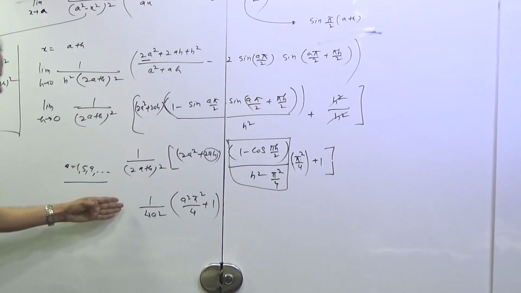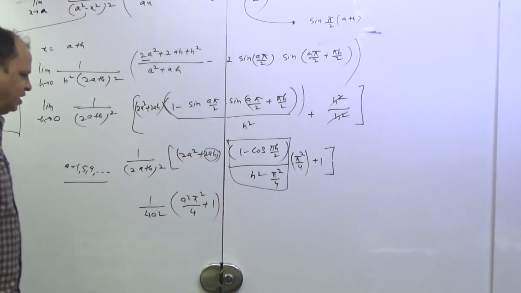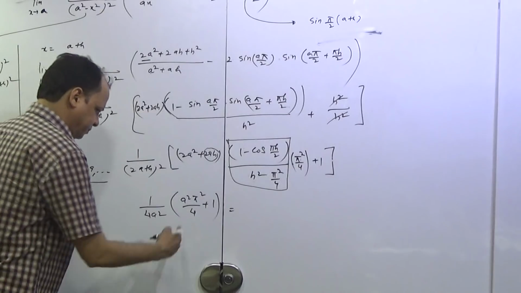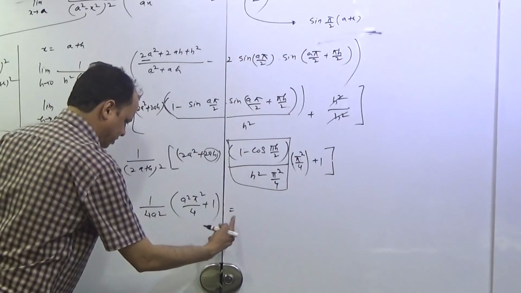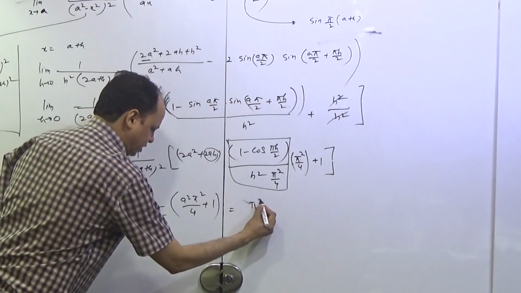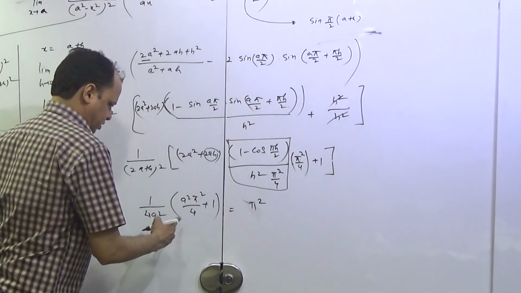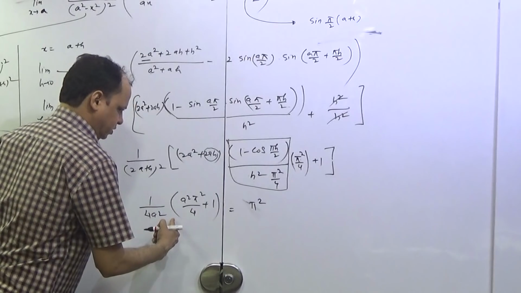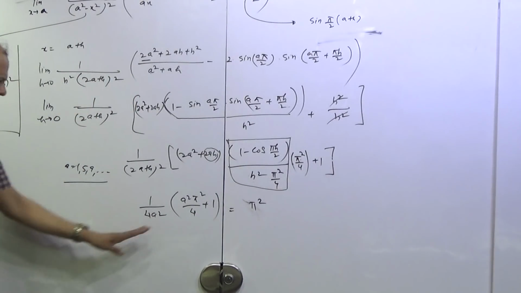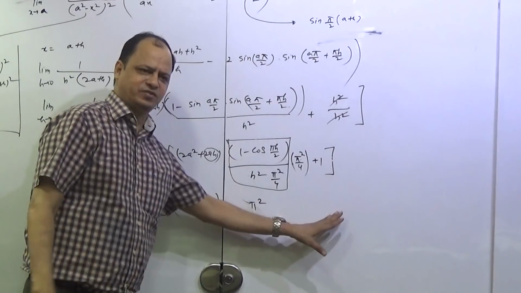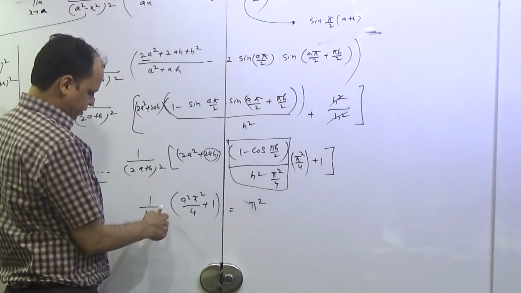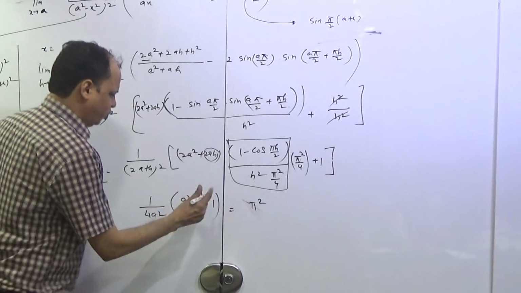If you wish, you can multiply this to get the final answer. Can you please verify the answer you are getting in your booklet? I am multiplying it. What do I get? A square will be over. So pi square. We take the LCM of 4 here.